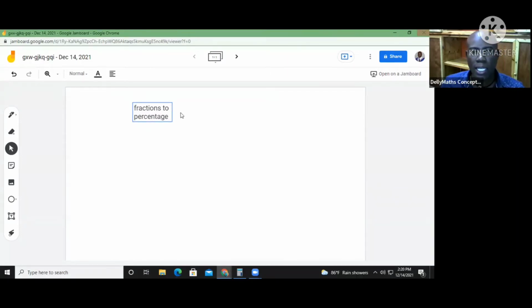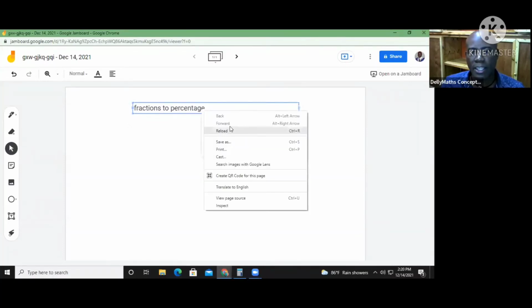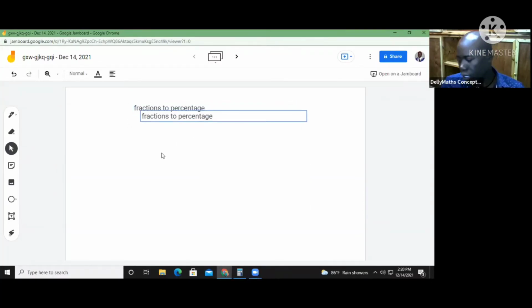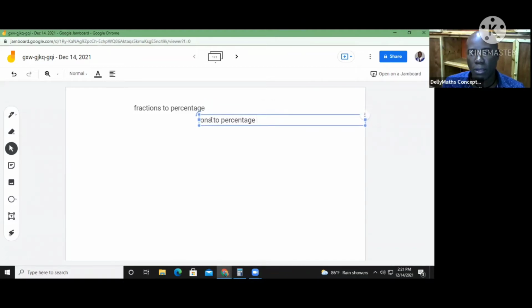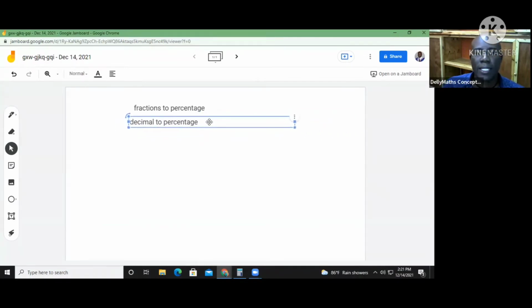And secondly, it's our intention to change from decimal to percentage as well. So these are the two ideas that we're about to embark on.